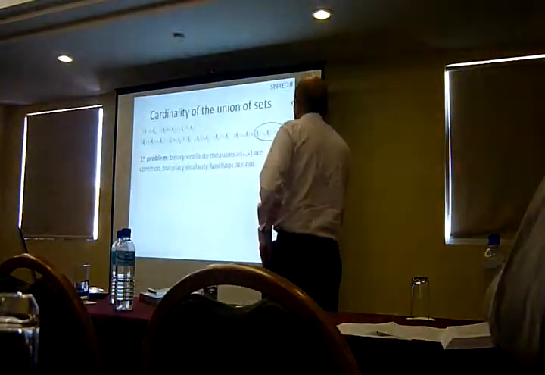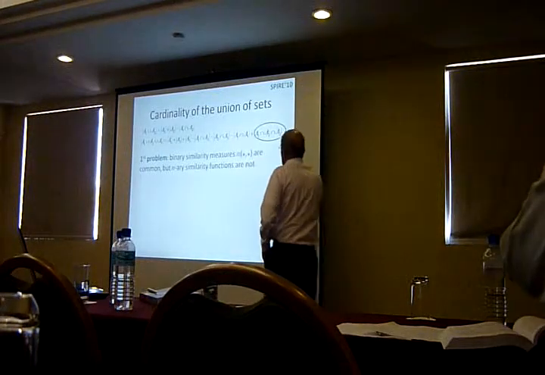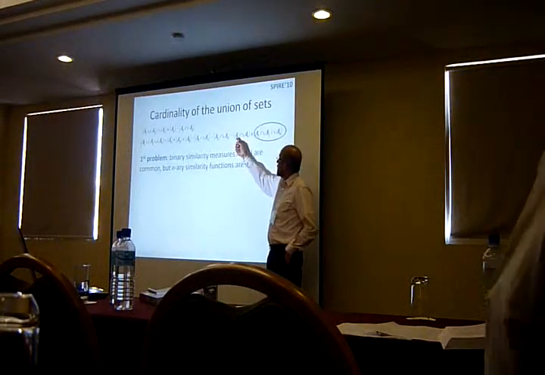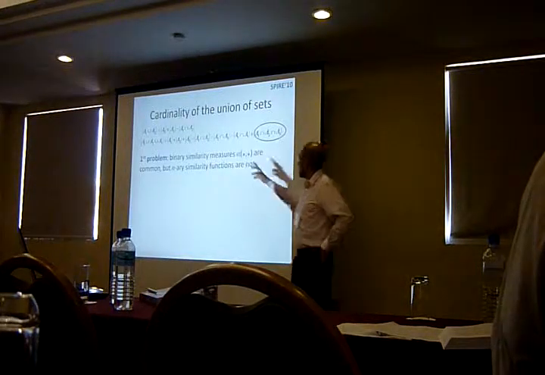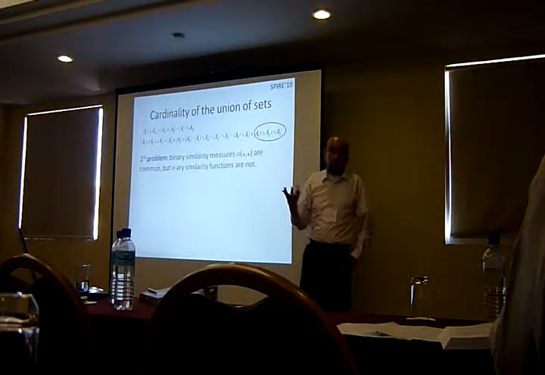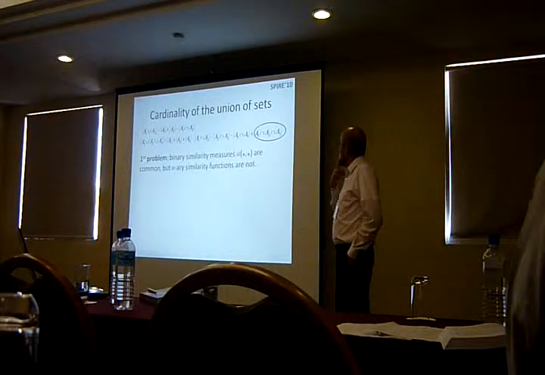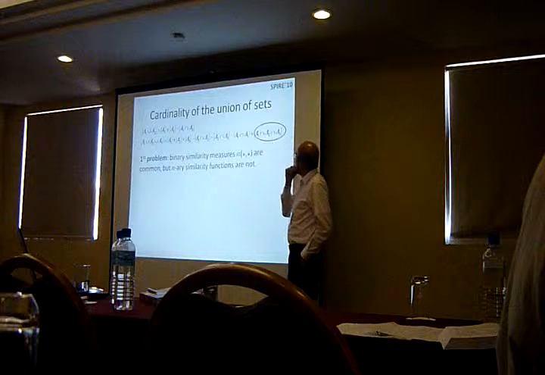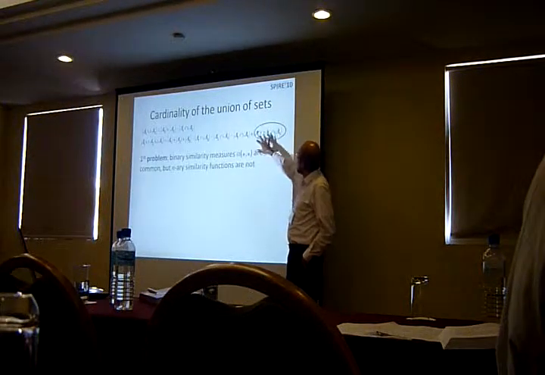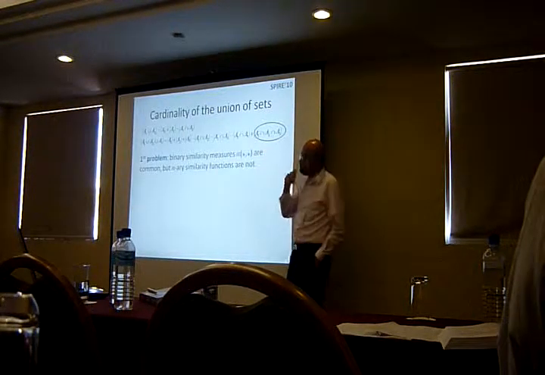We have first a problem. It is clear that the intersection between two sets or elements can be obtained with an alpha function, a binary function. But how can we get a three-ary function to get an idea of the size of this?